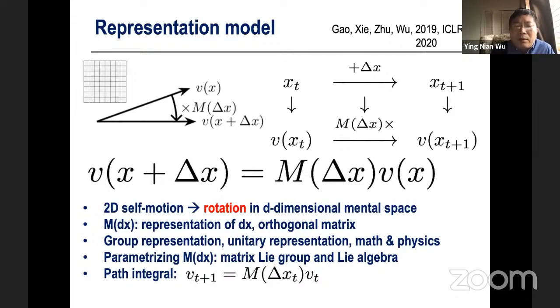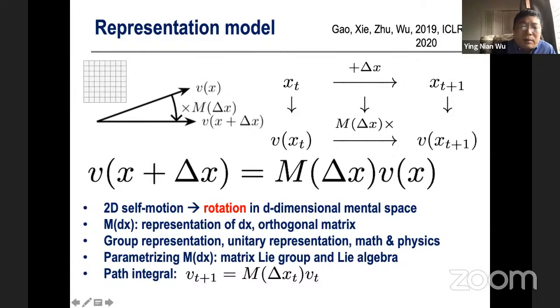So you use a vector to represent the position, and then you use a matrix to represent the self-motion. So therefore, this simple addition calculation is represented in the brain, so to speak, by this matrix and vector multiplication.